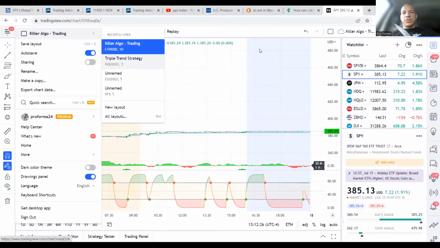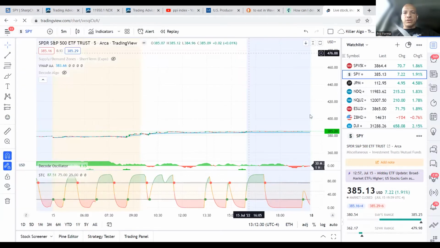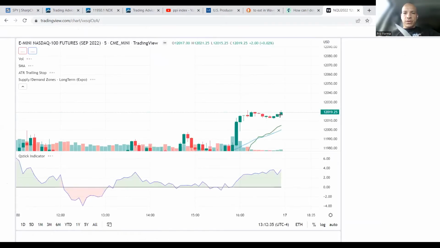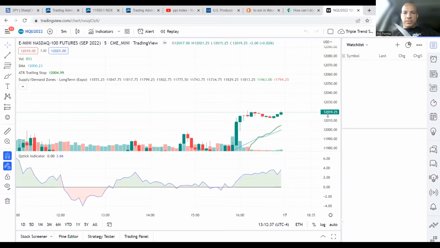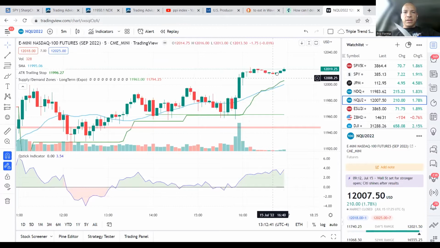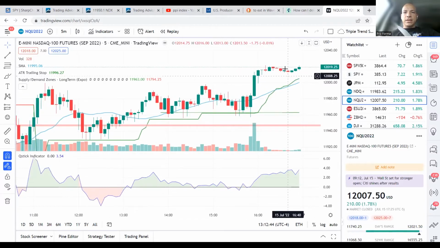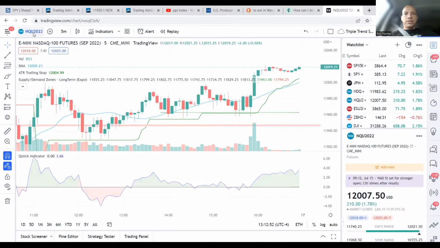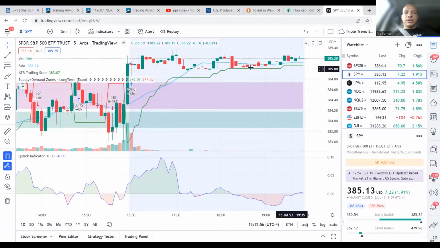Triple Trend is another one I'm going to show you, but what I'm going to show you now will complement that. All right. So each one of these candles is a 5-minute candle. And so what we're looking at here is basically the movement that happened on, oh, thank you. We're going to go to SPY. That happened on Friday.